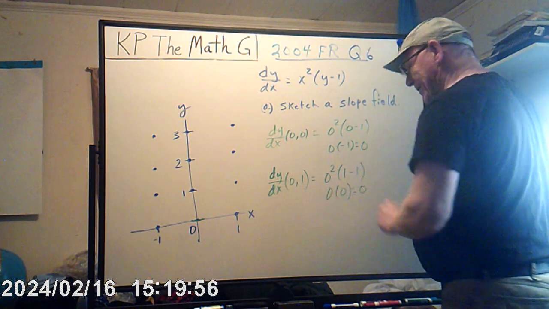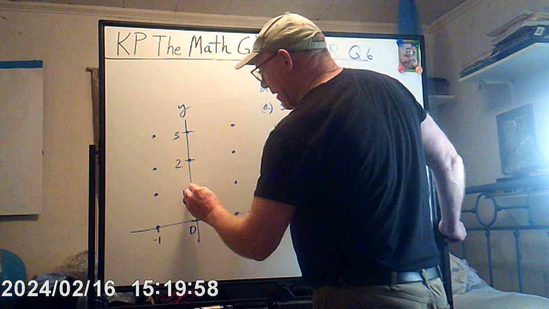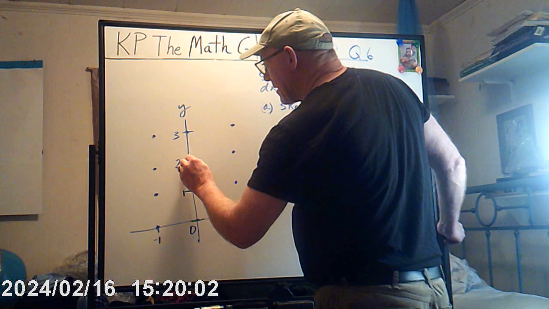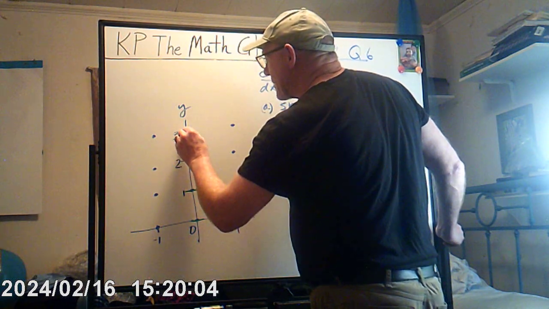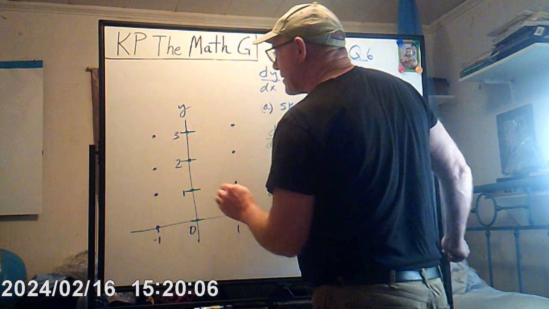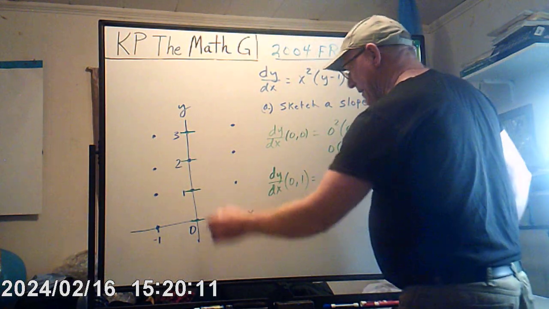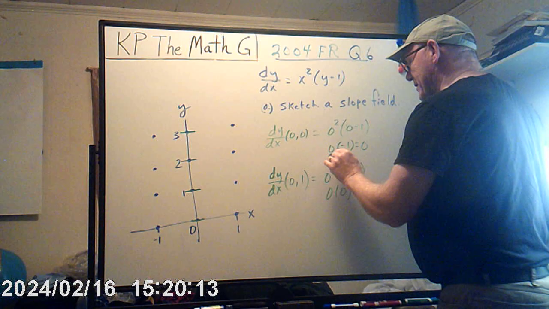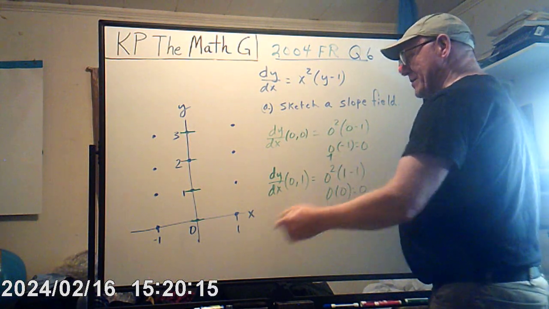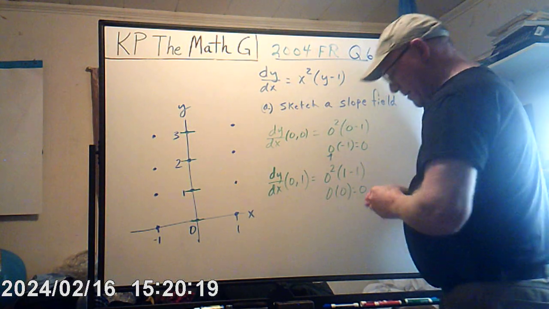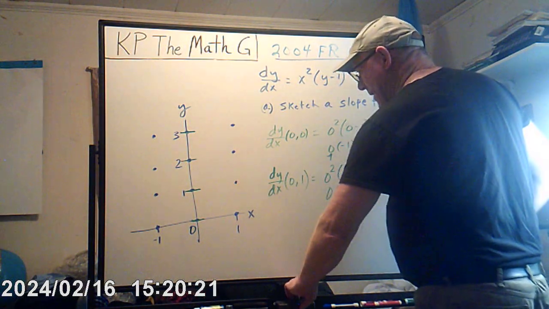So that's definitely 0 there. And I think it is safe to say that all of these others are going to be flat across too, because when you plug in 0 for x, 0 times anything is going to be 0. Okay? Alright, that's that part of it.